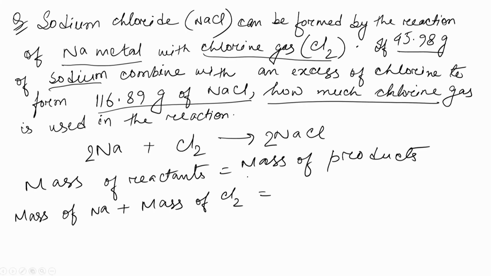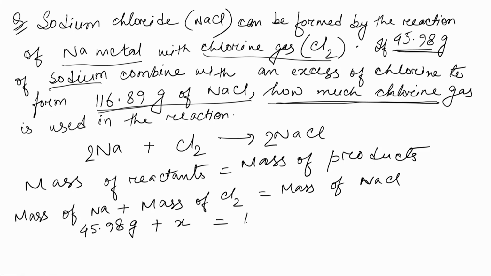This is equal to the mass of products, that is, the mass of sodium chloride. Okay. So, we know the mass of sodium. What is the mass of sodium? This is 45.98 grams. So, 45.98 grams plus, we don't know the mass of chlorine, that we need to find out. So, we will consider this as X, equal to the mass of sodium chloride, which is given as 116.89 grams.